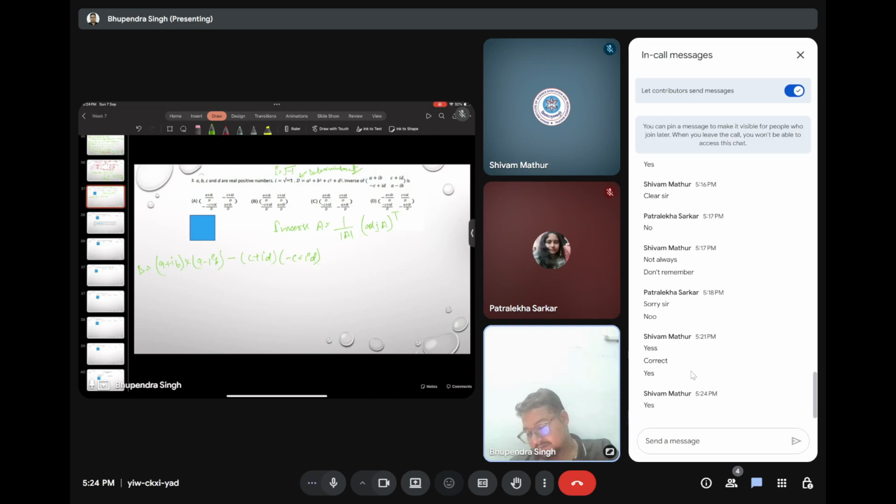Now try to solve this determinant. This is like A square minus (iB) whole square minus C square, right?